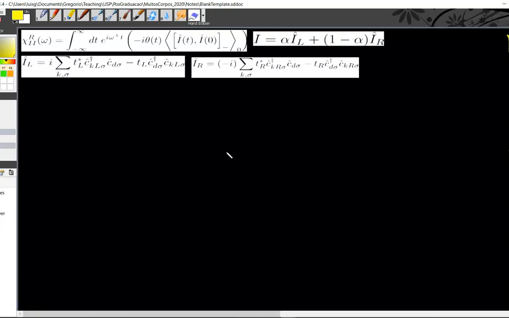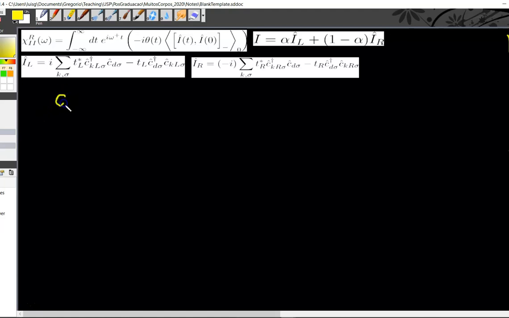All right, so the first thing I'm going to do is to write the current operator in terms of the antisymmetric combination of lead operators. And by that I mean this.